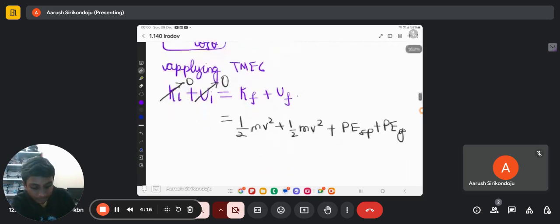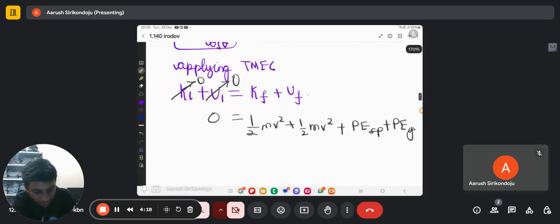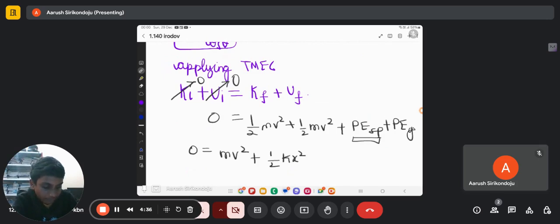And this is zero. So 0 equals half mv square plus half mv square. We can write it as mv square plus potential energy of the spring, which is positive half kx squared, and potential energy due to gravity.